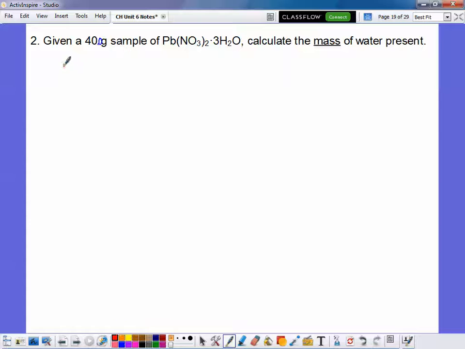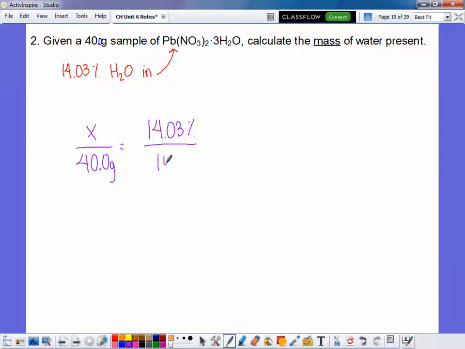So we had previously calculated in number 1 that we had 14.03% water in this entire compound. All right? So if we set it up like a proportion, we want to know what is the mass of water, so X, in 40 grams of this substance, knowing that 14.03% of it is water.